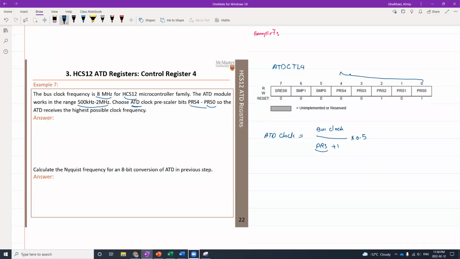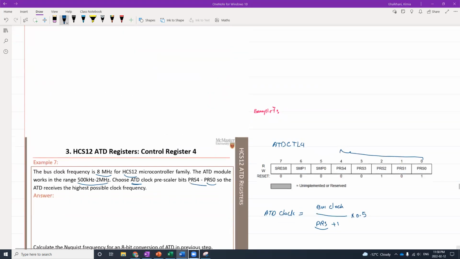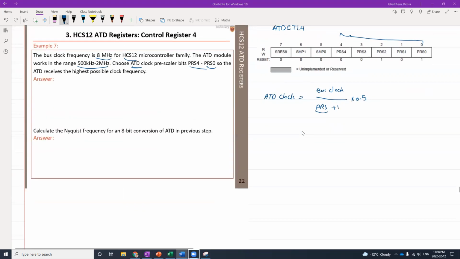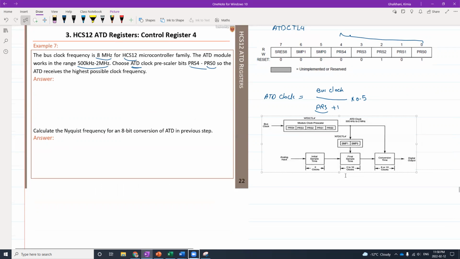Now, for the faster conversion, again, I'm going to go back to this picture. I can bring also that one here for you. For the faster conversion, I'm going to use 2, right? Exactly like what I did for the previous step. For the faster conversion, I'm going to use this one, like 2 plus, also this is 2 to 16.